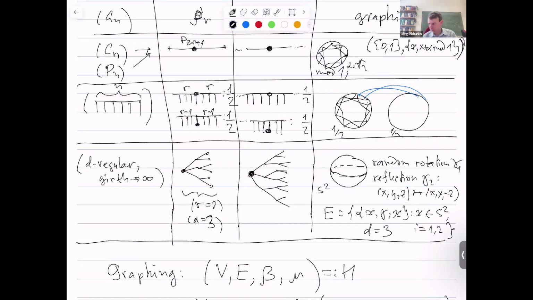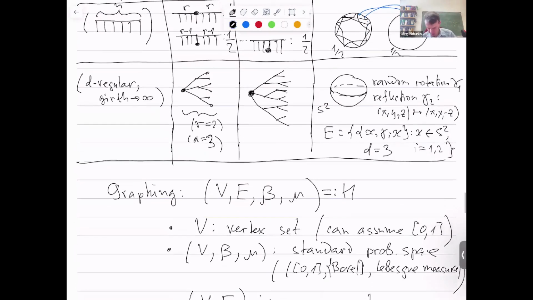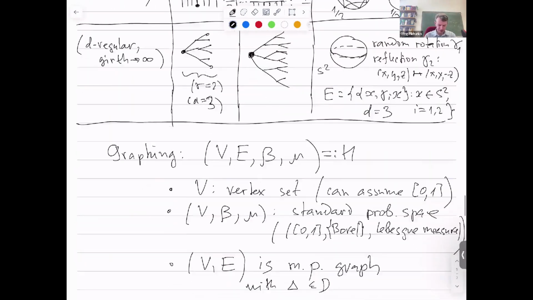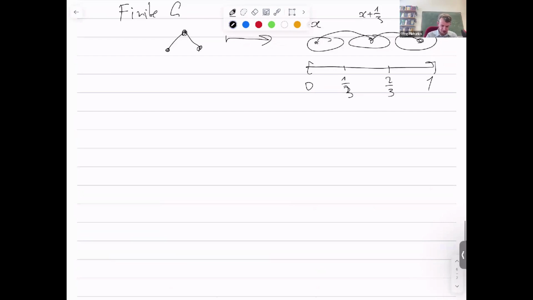Yeah, and then maybe to finish for today. One result is basically that for every locally convergent sequence of bounded degree graphs, there exists a graphing which is its limit.